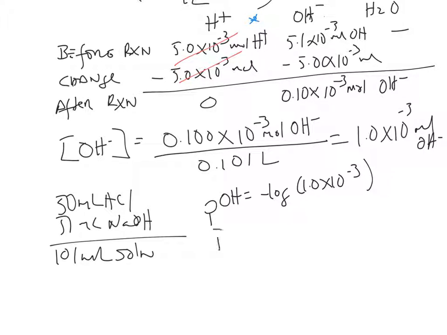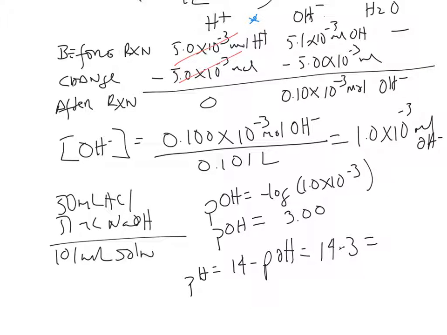So the pOH is equal to 3.0, and the pH will be equal to 14 minus the pOH. So this will be equal to 14 minus 3. So the pH will be equal to 11.0.